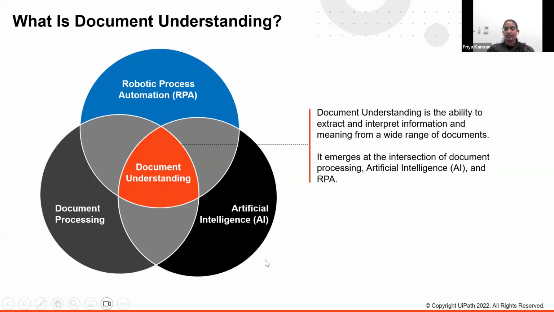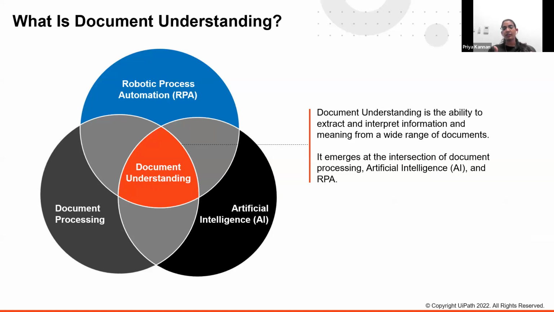So why document understanding? You might already know robotic process automation, where we automate fixed steps to reduce time and improve efficiency. We have RPA, but we also have artificial intelligence.